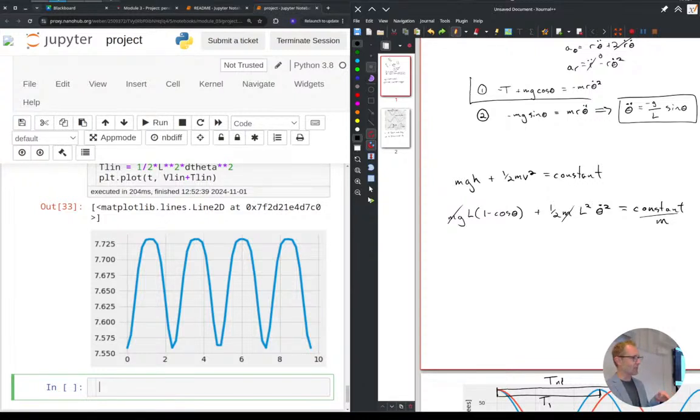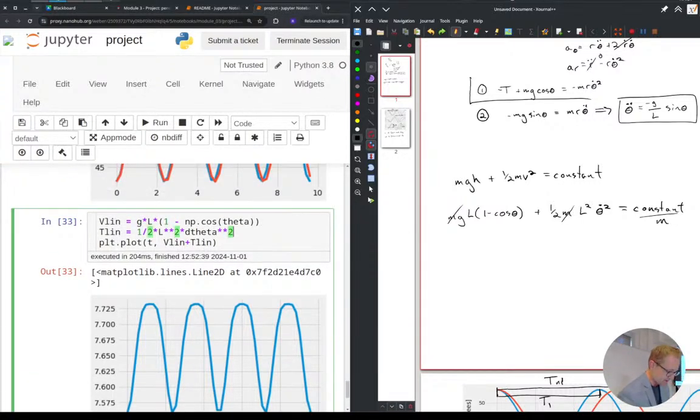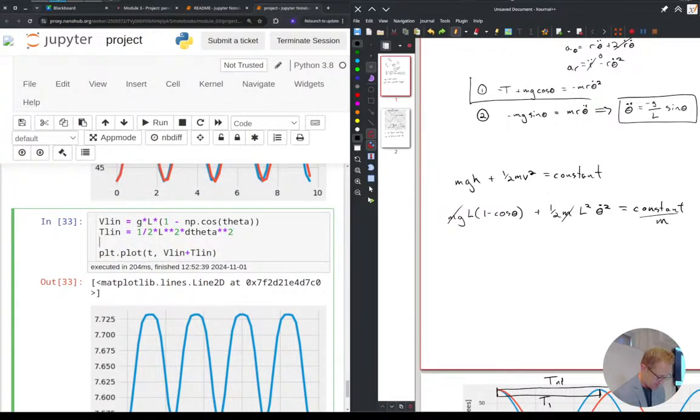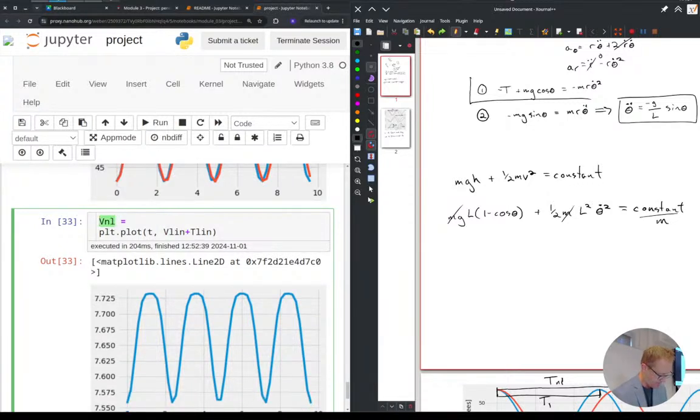And that's a little weird, because all we did was take a linear equation and solve it. We should still have conservation of energy. So let's compare that to non-lin. It's going to be the same, so I'm just going to take these two and copy them.